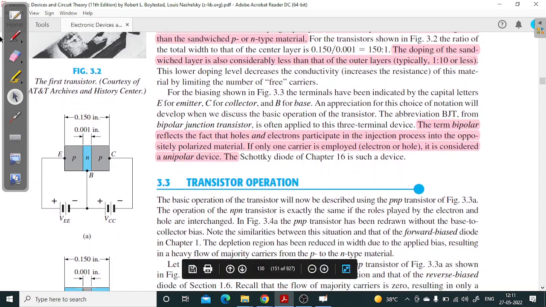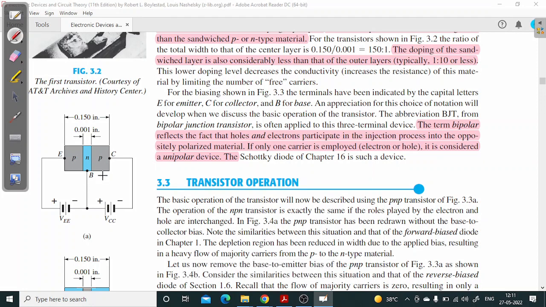BJT, or bipolar junction transistor, is a 3-terminal device, whereas a diode was a 2-terminal device.